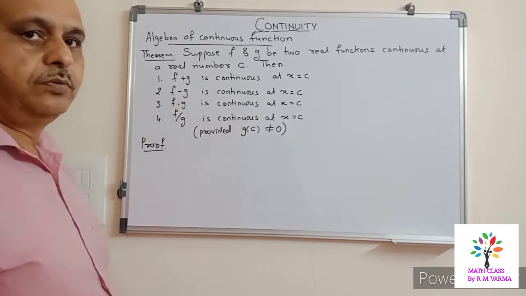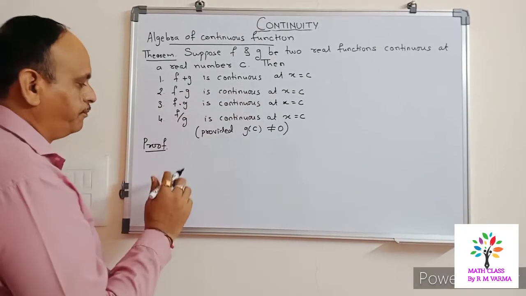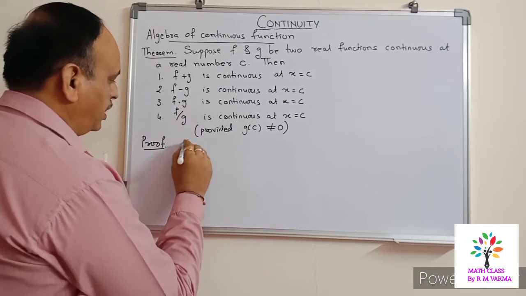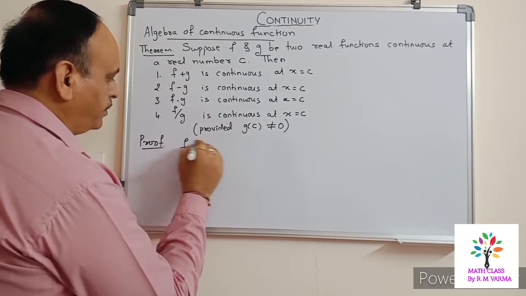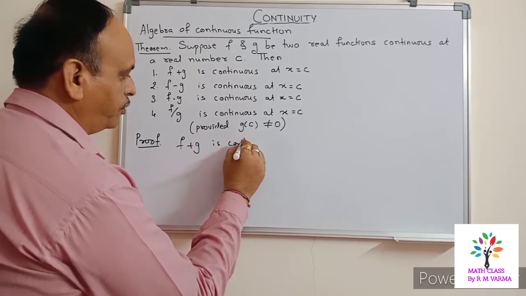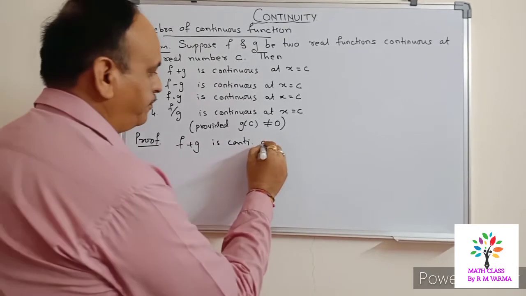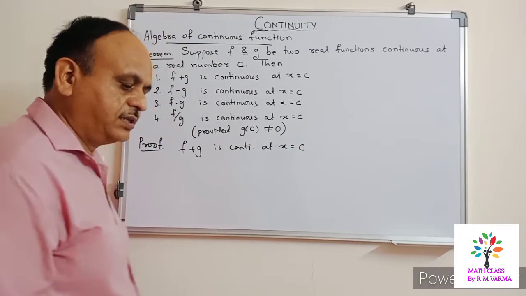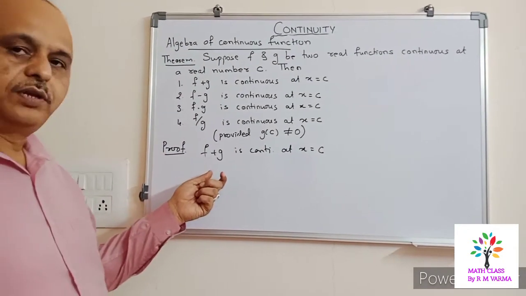So let us try to prove, say, the first one. We are trying to prove f plus g is continuous at x equals c. Now to get the answer, what do we do? We find the limit.